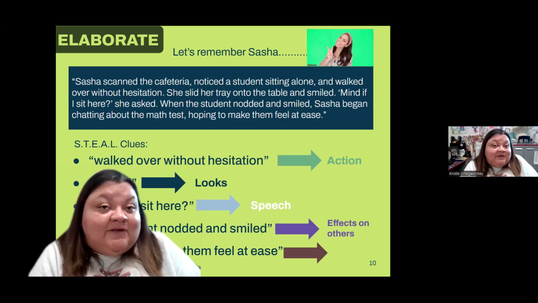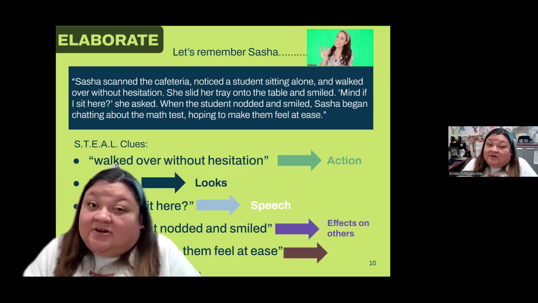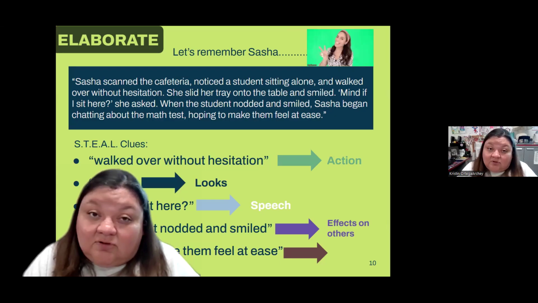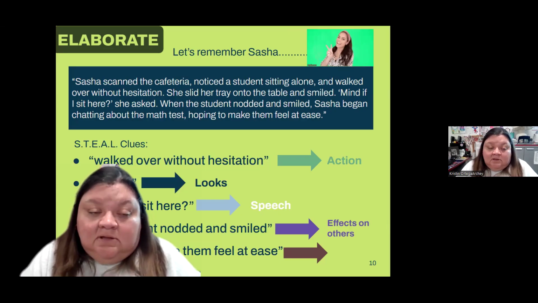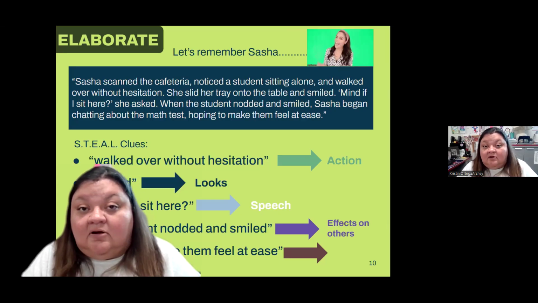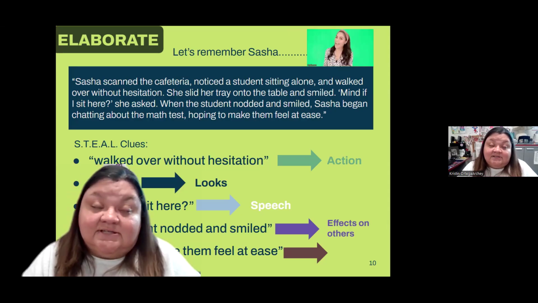What could that be? As you've noticed, we've gone through all the STILL elements. You're not always going to have every single clue in every passage that you read, but there are a lot of them that we can go through. In this example, there is actually one of each.